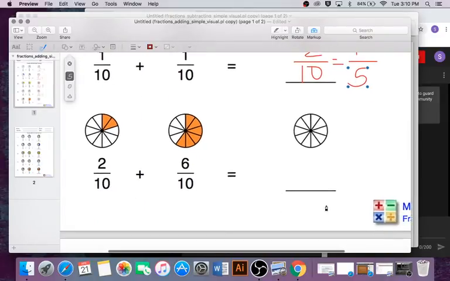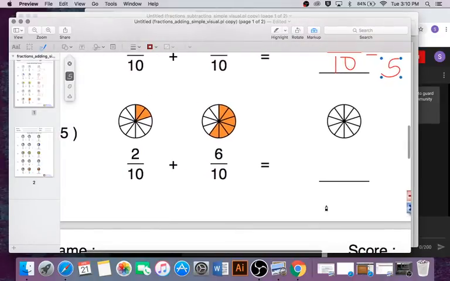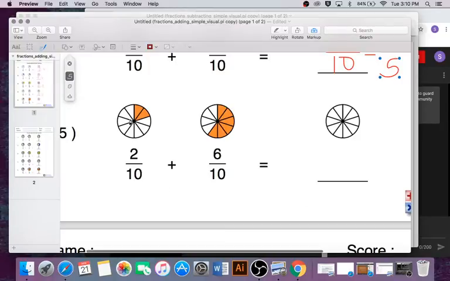Down here in our last one, our circle is broken up into 10 pieces, so our denominator is going to be 10. We have 2 shaded in from the first one, and 6 shaded in from the second one.